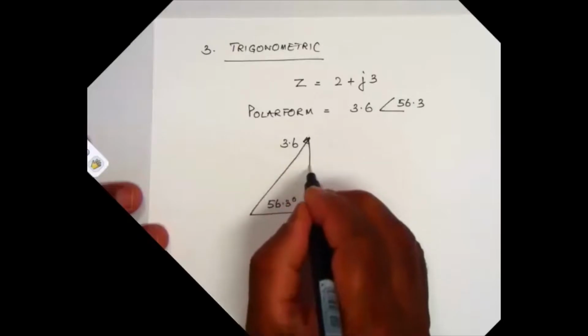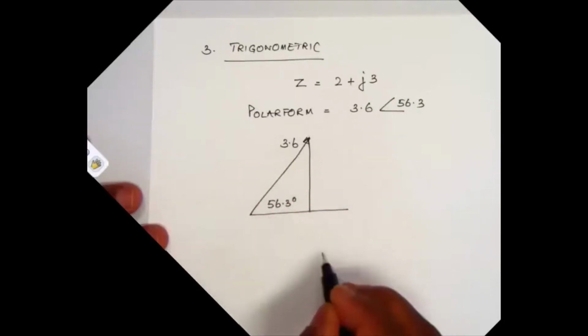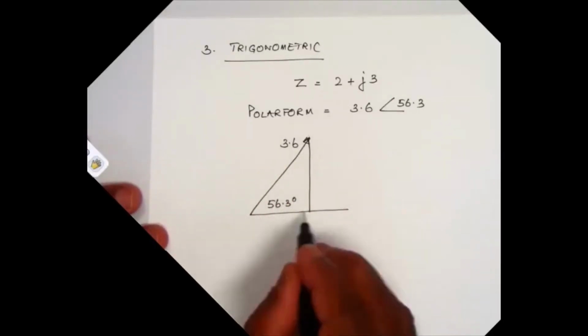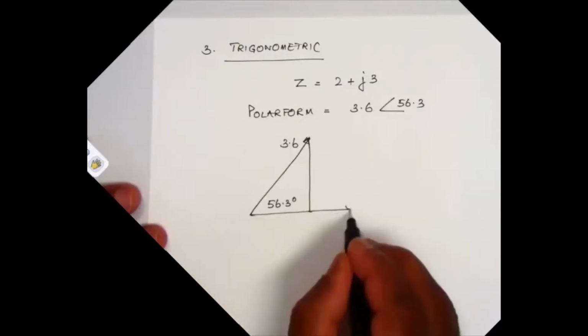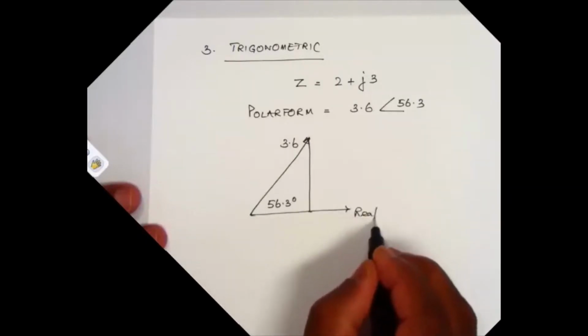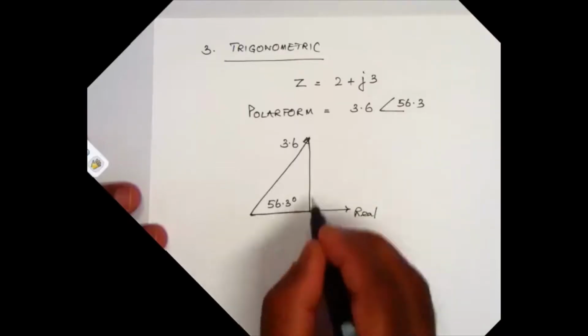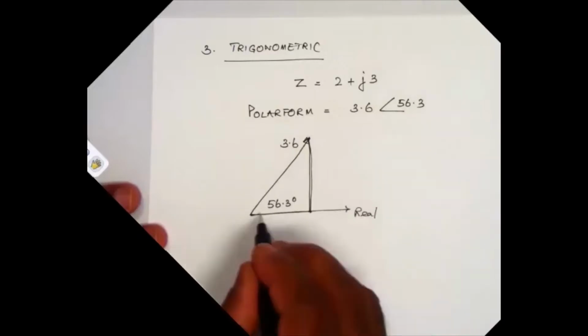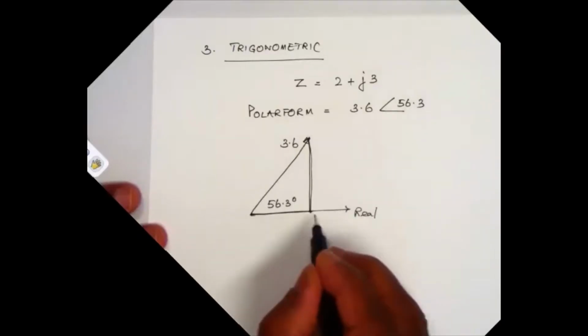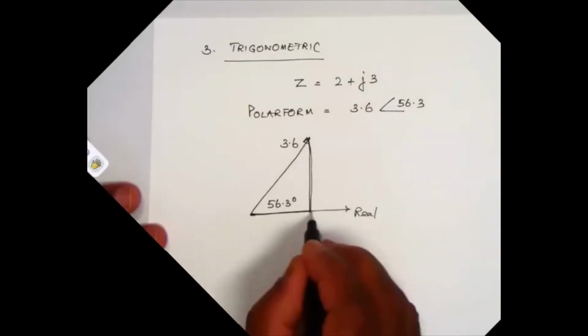So we can actually find the real part, that's the real axis. We can find the real part and the imaginary part using this. So here we use our trigonometric knowledge.